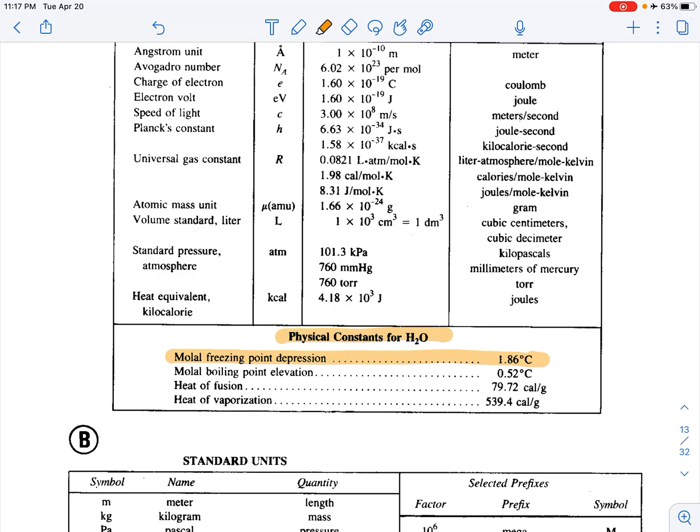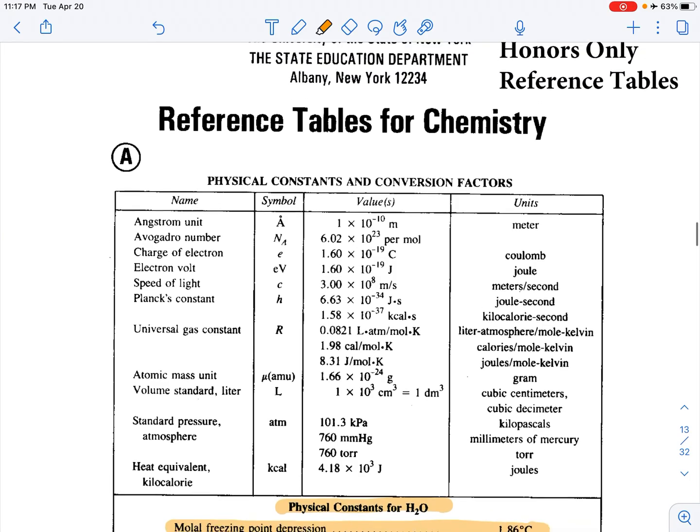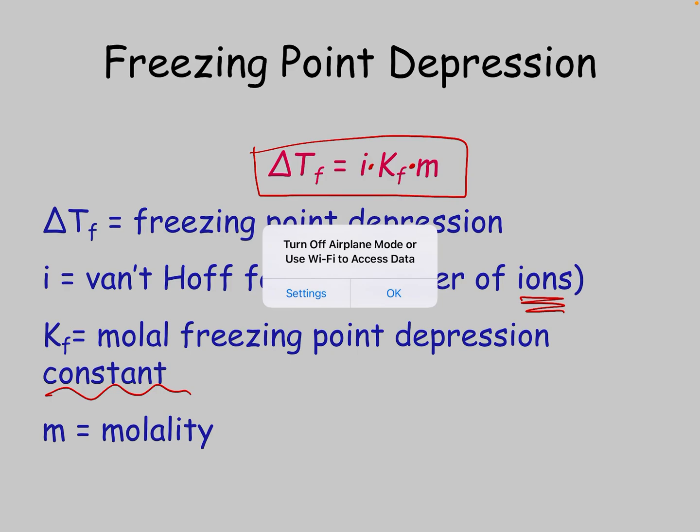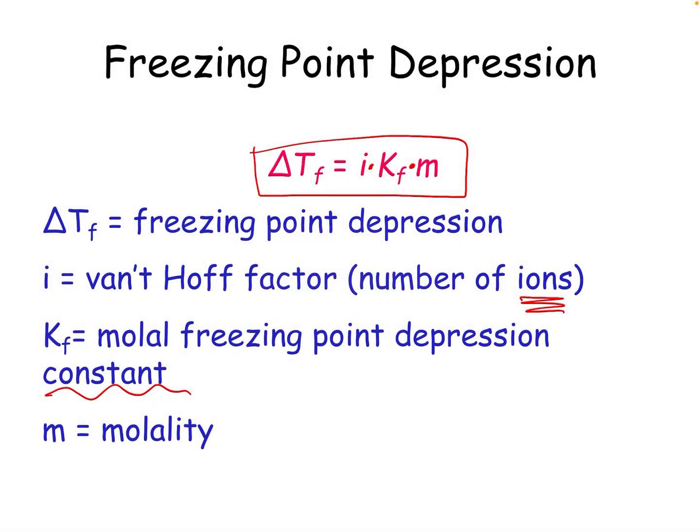But for water, the molal freezing point depression constant is 1.86 degrees Celsius, found right here on the honors reference table. And lowercase m, of course, is molality. So let's review. That is moles of your solute over kilograms of your solvent. And you just multiply those three things together.